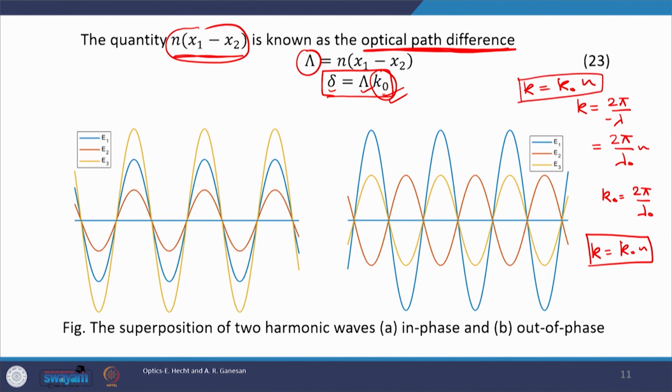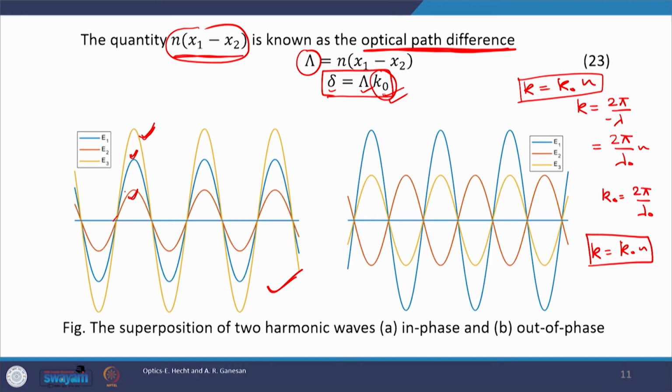Now you see here in the figure on left, there are three waves: E1, E2 and E3. They are of different magnitudes, their amplitudes are different, but they oscillate with the same frequency. Now, if we assume that they are oscillating in the same phase, then they will reach their maxima simultaneously, as well as their minima simultaneously.